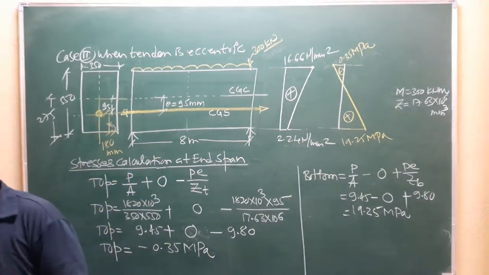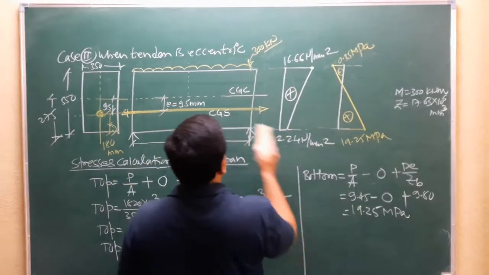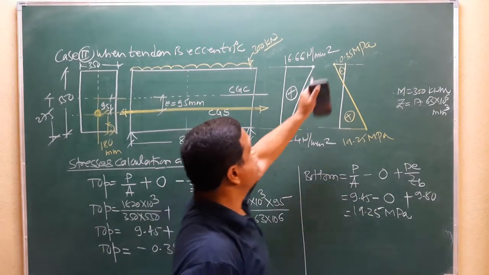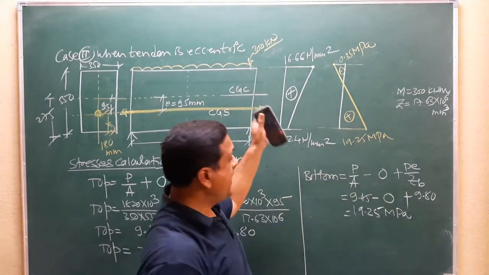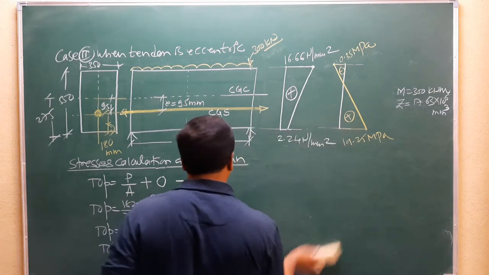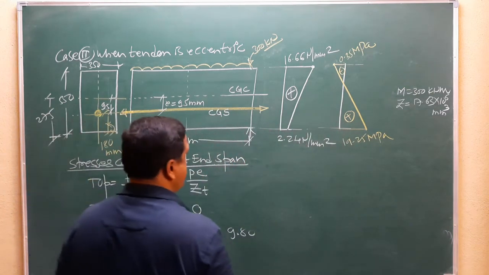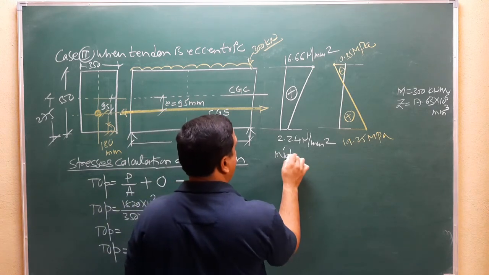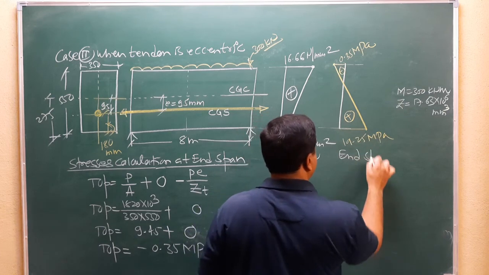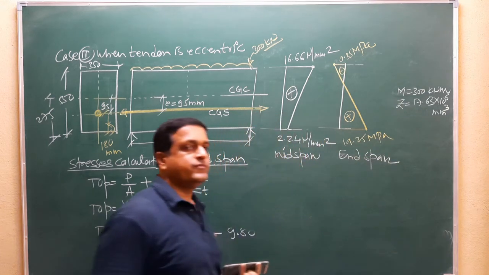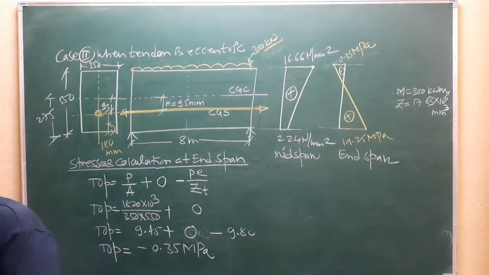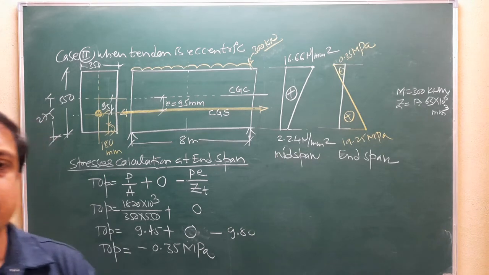So this is the stress distribution at the center of the beam, and this is the stress distribution at the end of the beam. So you can write down like this: the stress distribution at mid span and this stress distribution at end span. So this is the completion of this problem. Like this, you have to analyze the beam.